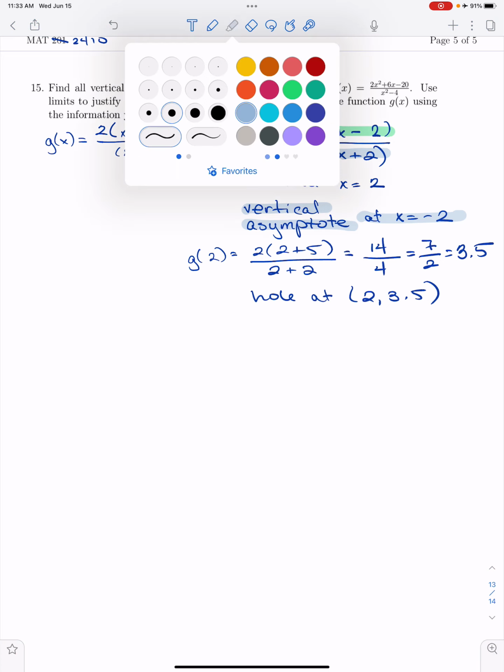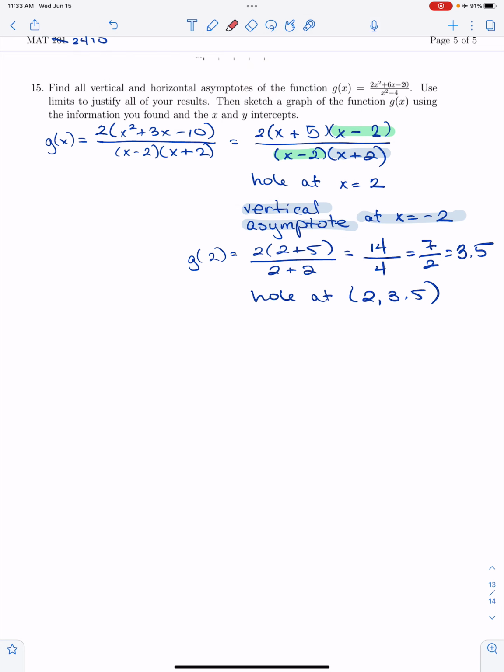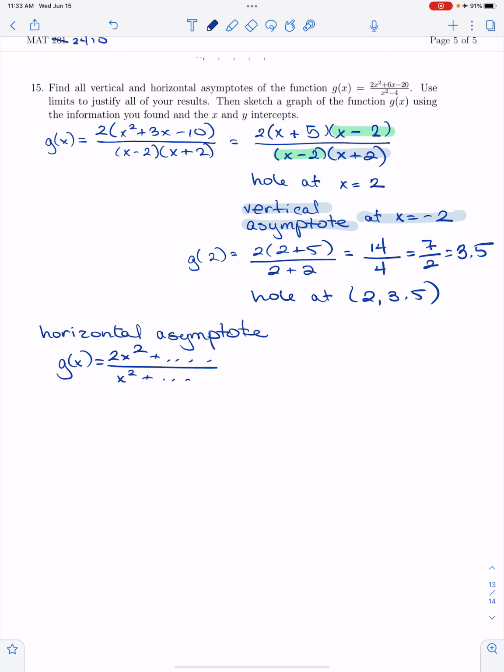We go back to our original equation to find our horizontal asymptote. We know that in our g of x, we have a 2x squared plus other stuff over x squared plus other stuff.